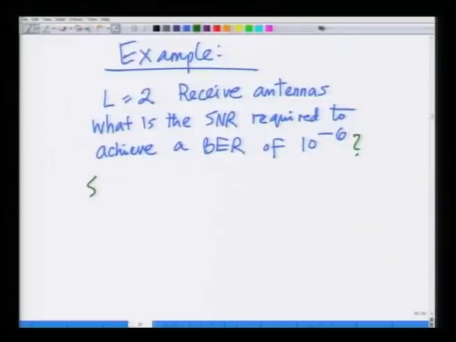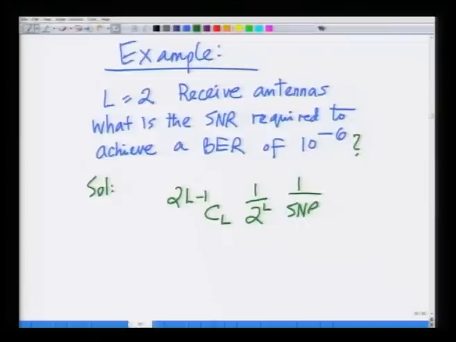From what you have seen previously, the bit error rate at high SNR is 2L minus 1 choose L, 1 over 2 to the power of L, 1 over SNR to the power of L.